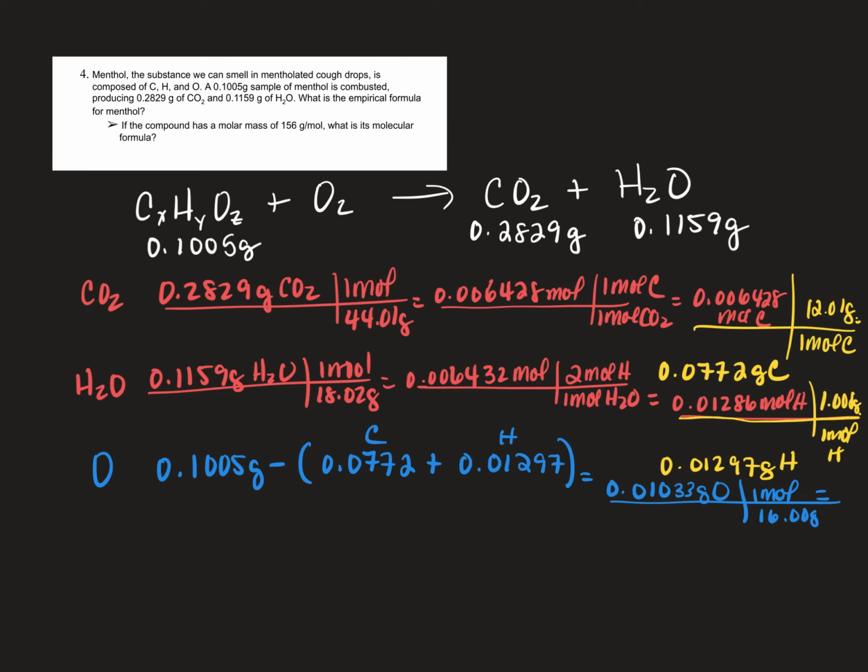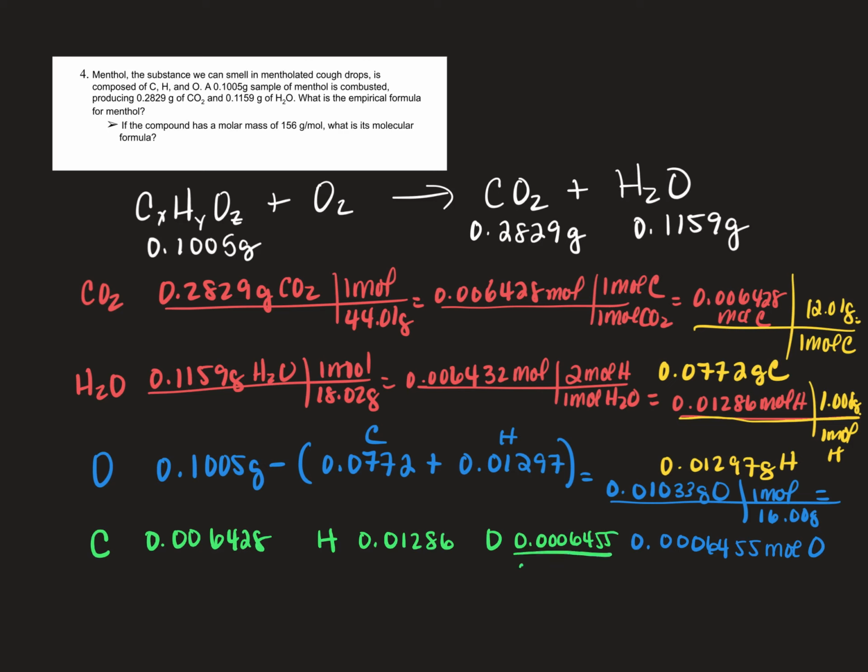So that gives me 0.000645 moles of oxygen. So we're going to take the moles of carbon, which was 0.006428, the moles of hydrogen, which is 0.01286, and the moles of oxygen, which was 0.000645, and we're going to divide by the lowest value.